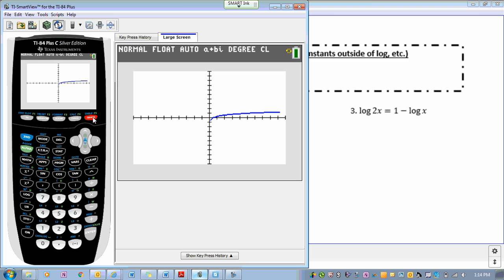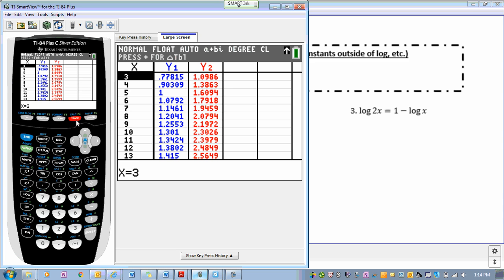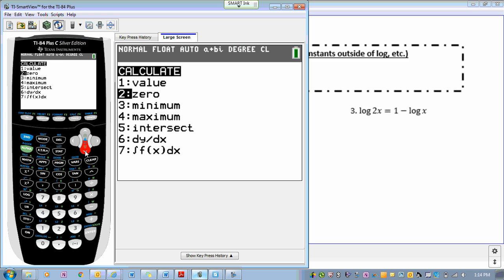You guys should all try this. It's a really good tool. Oh, there's a nice little intersection right there. So let's go to second trace, intersect.